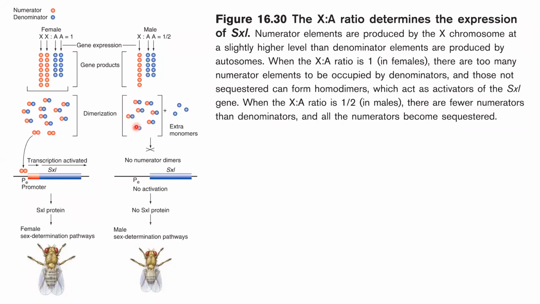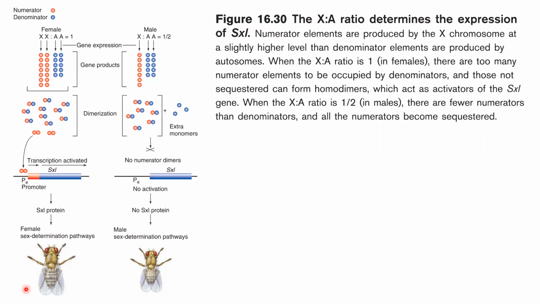If there are no numerator homodimers, there is no transcription factor, as a result of which there is no production of the early SXL protein. So in the absence of the early SXL protein, the default cascade that follows leads to the male developmental pathway. So this is how the ratio is actually read. The ratio is read in terms of the protein expression.